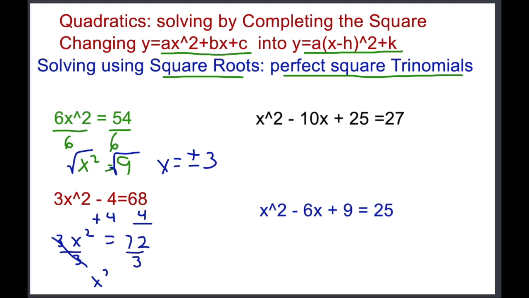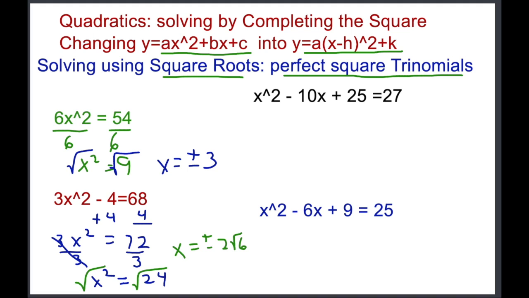So x squared equals 24. So then, because of the squares, we would want to square root both sides, and x would give us plus or minus the square root of 24, which breaks down into 2 radical 6.